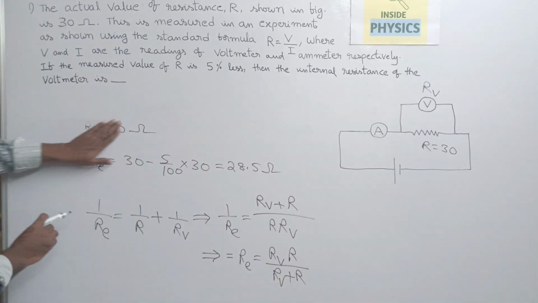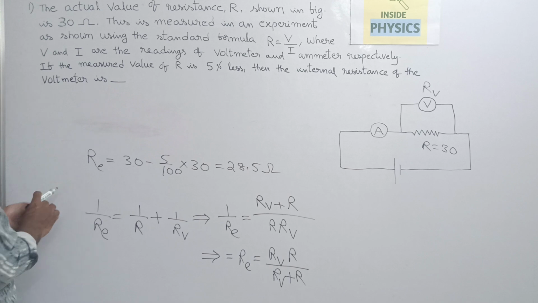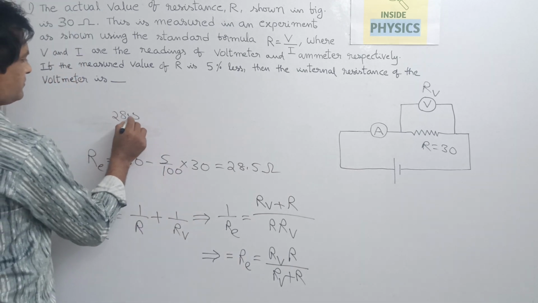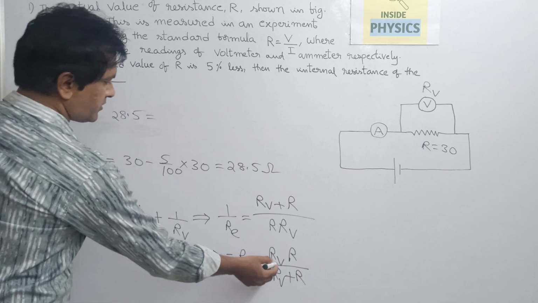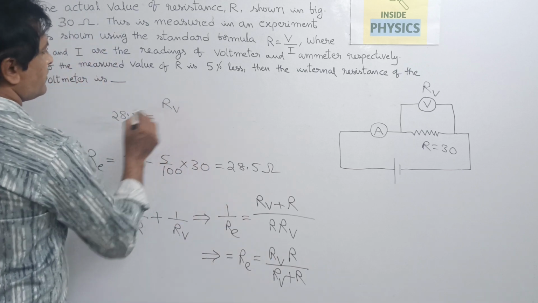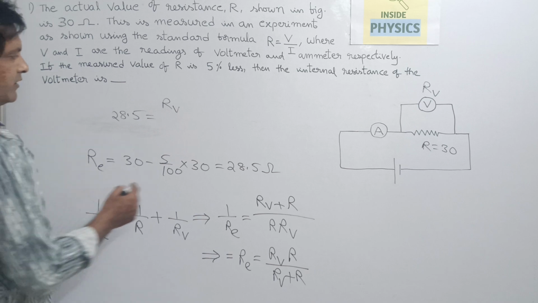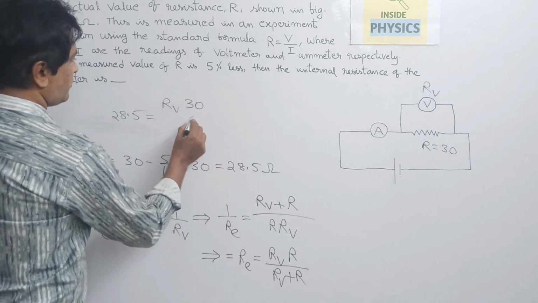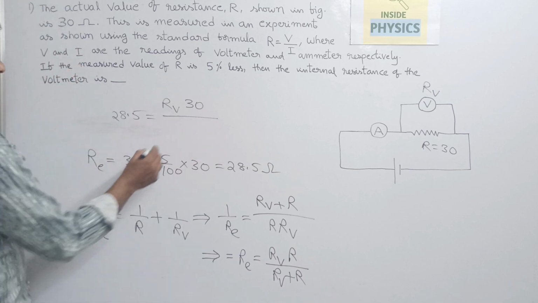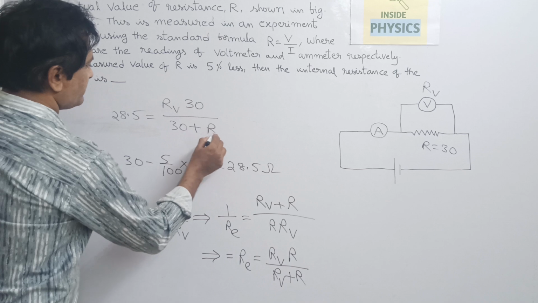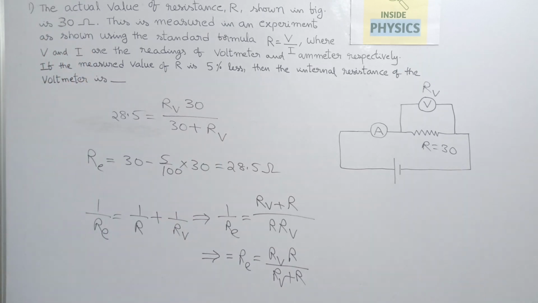For that, we will consider this one as RE, 28.5, and what is RV? We need to find the voltmeter resistance, the internal resistance of the voltmeter, and R is 30 ohms, already given here, 30 plus RV. So if you simplify this equation, you can easily get the final value.